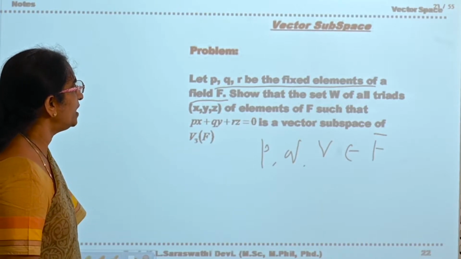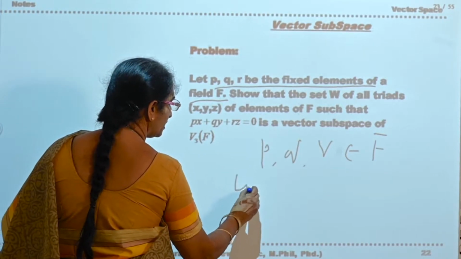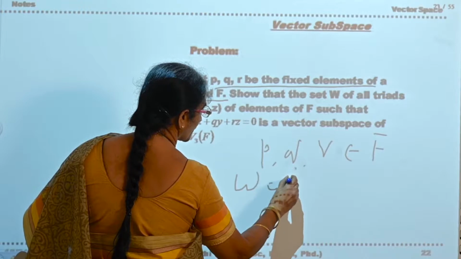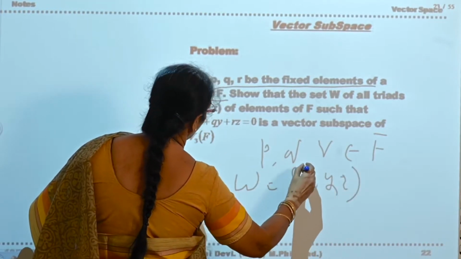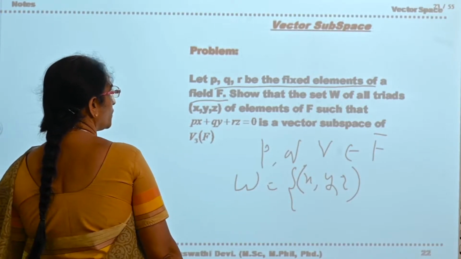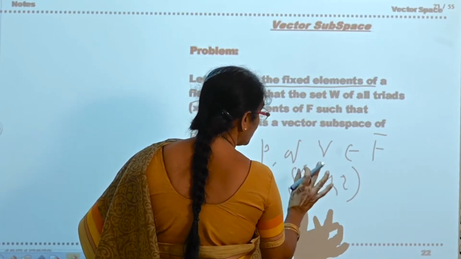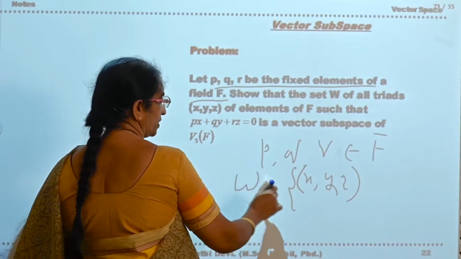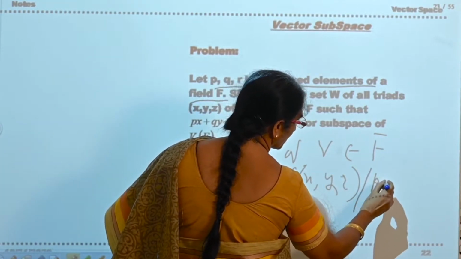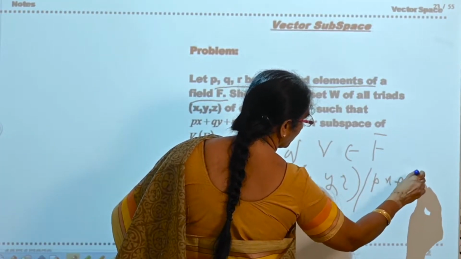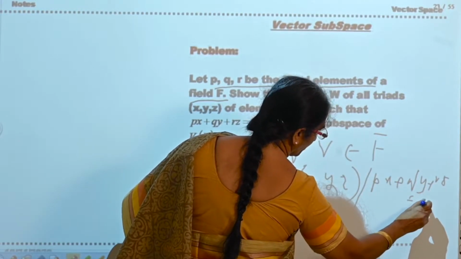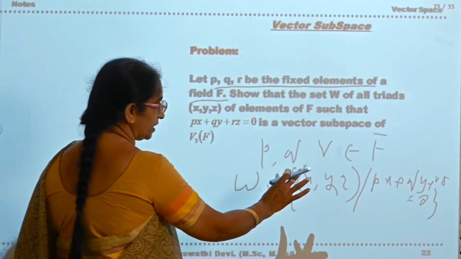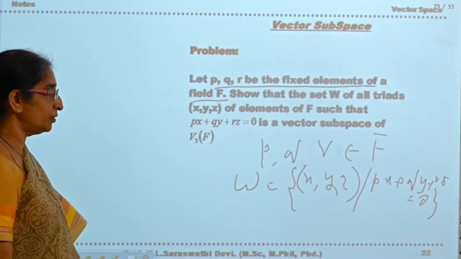Now W is the set of all ordered triads x, y, z, where x, y, z belong to F, and they should satisfy the condition px plus qy plus rz is equal to 0. That means x, y, z is an element of W.